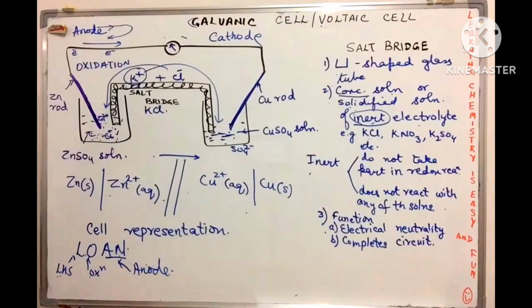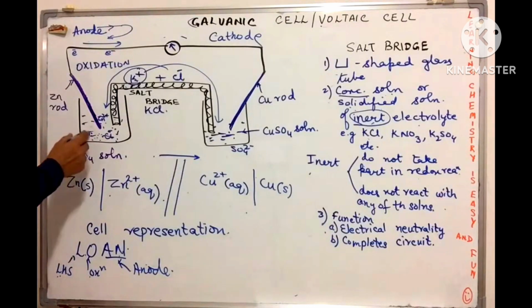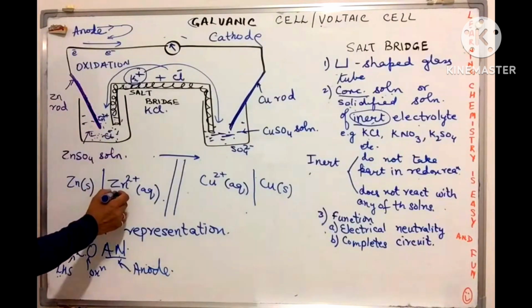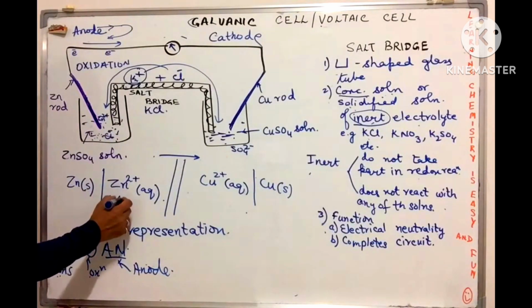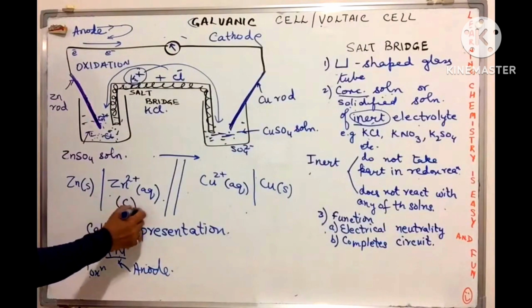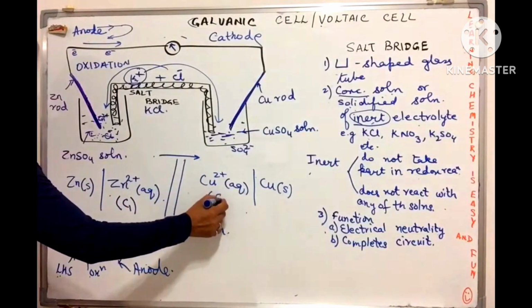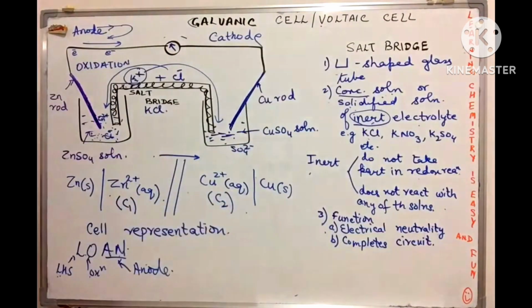I've introduced a new term over here, potential. I'll be talking about it next. Now, the concentration of the solution also affects the potential of this cell. So we need to represent that concentration as C1 and C2 for each of the two cells, right?